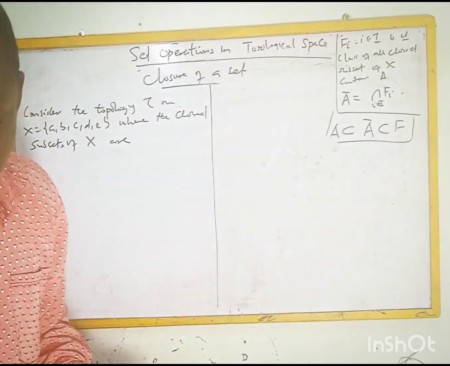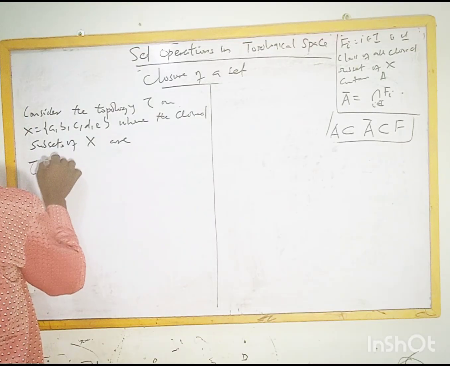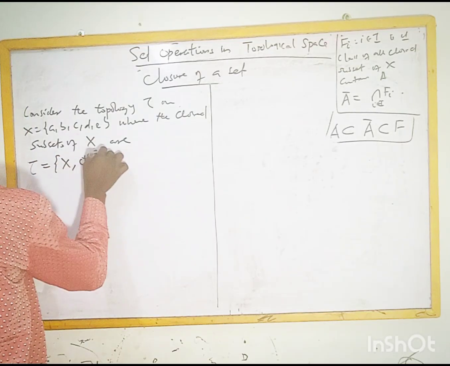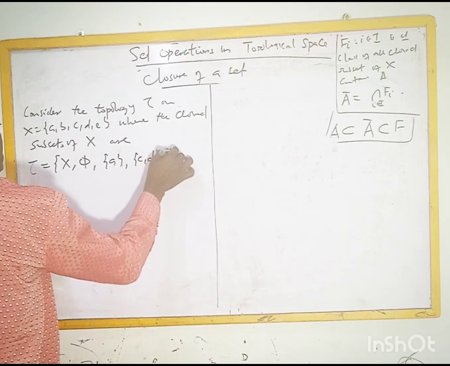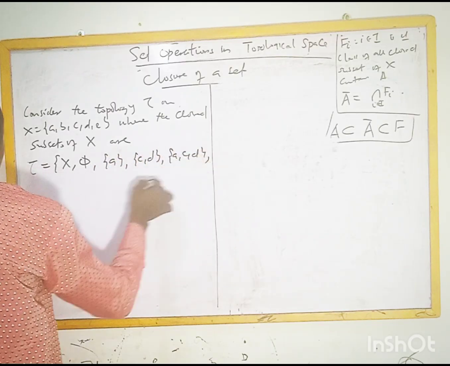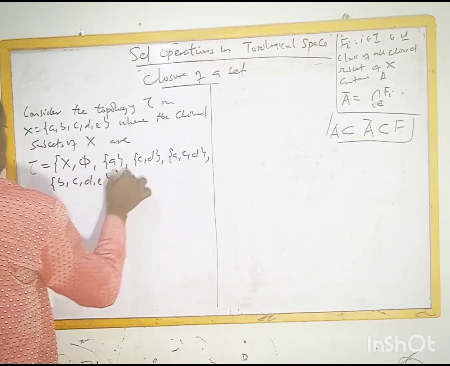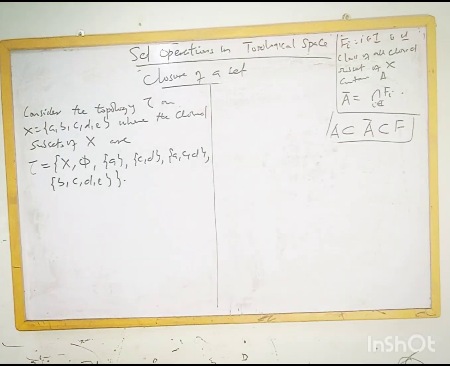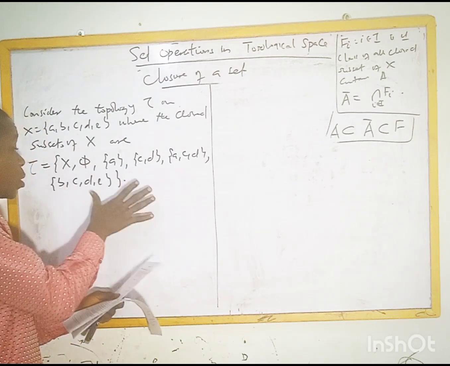The topology we have is: empty set, X, A, C, D, A, C, D, and B, C, D, E. So we have this topology now.